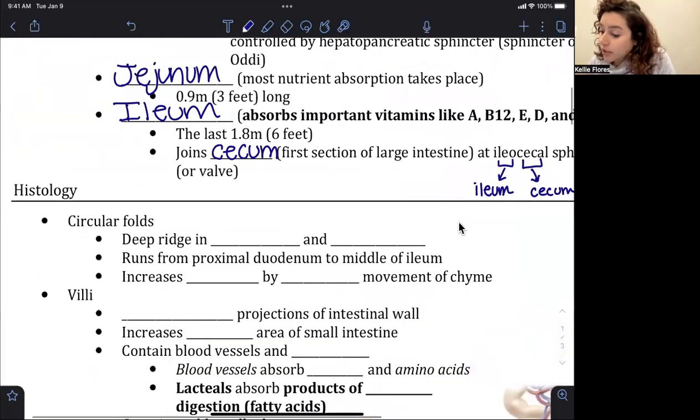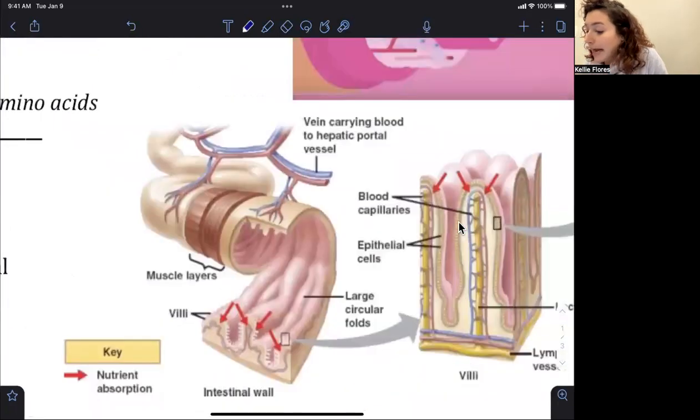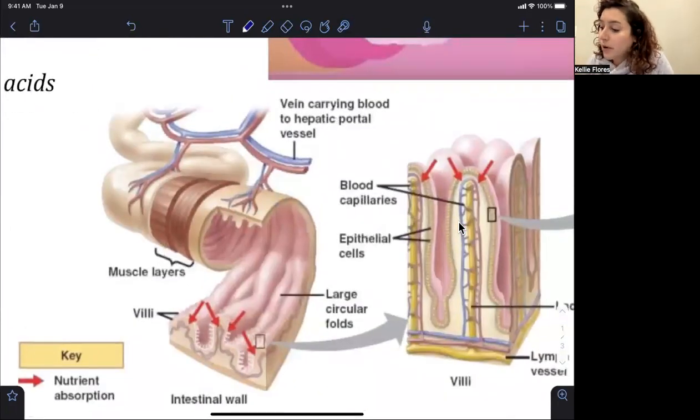There are circular folds that are essentially lining the epithelium. So if you take a look at the small intestine cross section, I have it here. This is also in your worksheet that you've done. So you've seen this before. If you take a slice or a cross section of the small intestine, you'll see that there are these little speed bumps. This is making sure that you're not driving your chyme like you're driving your Porsche.